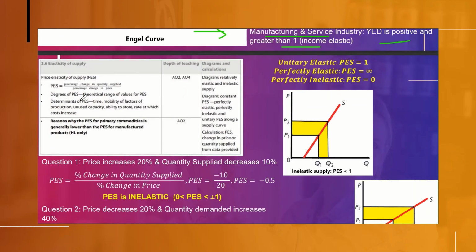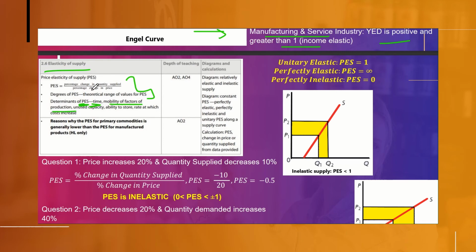And the next part is elasticity of supply. It's the same thing as what we calculated for PED, the same structure. And here the determinants of PES: time. Some products take more time, and for some products very little time is required. And the mobility of factors of production.